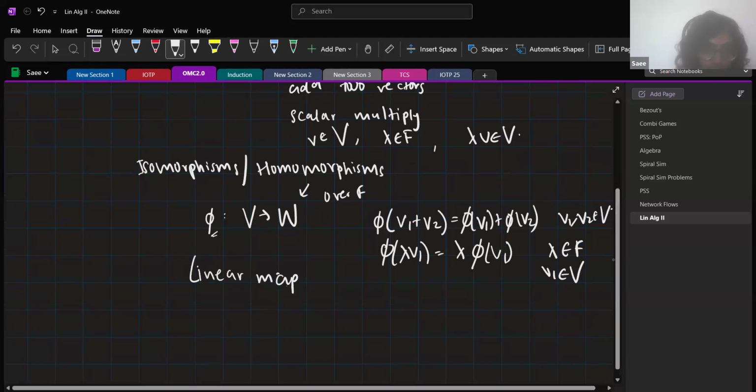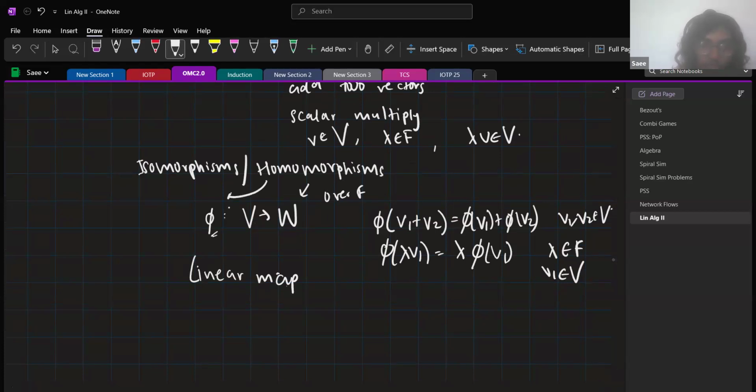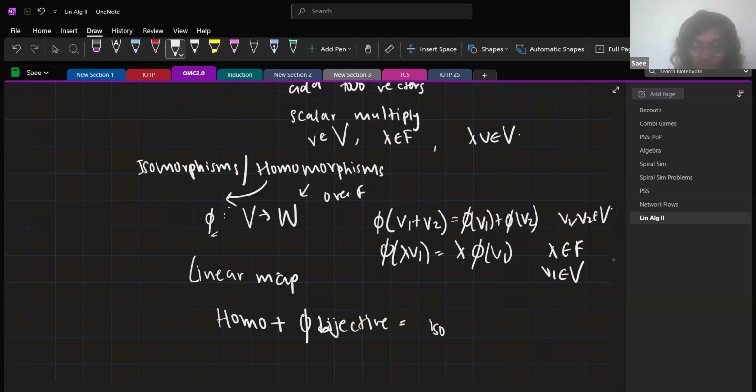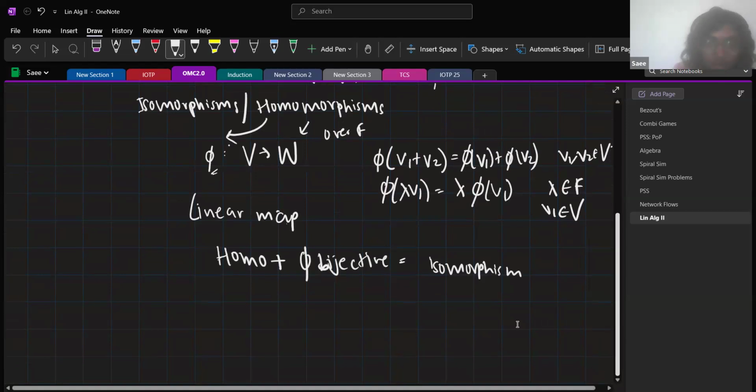And an isomorphism is just a homomorphism where phi is bijective. So this is something we defined.